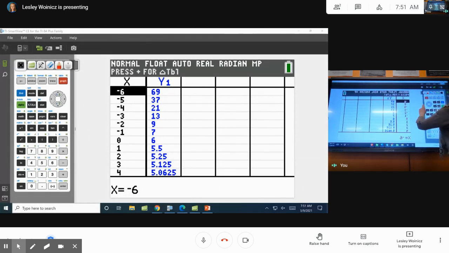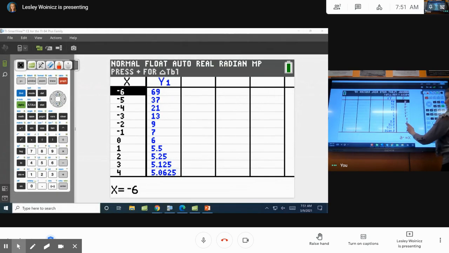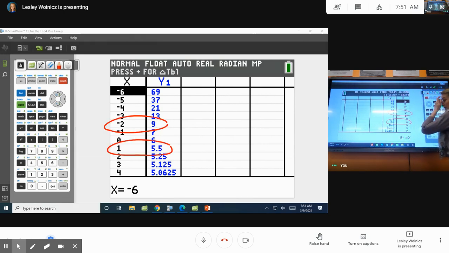-2, 9, I see that one. And I don't see 1. Hold on. 1, 5.5. I see that one too. These are both on there. Whoa. Okay, but I have to copy down this part of the table to show that.